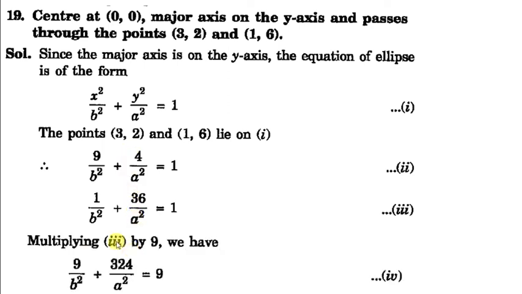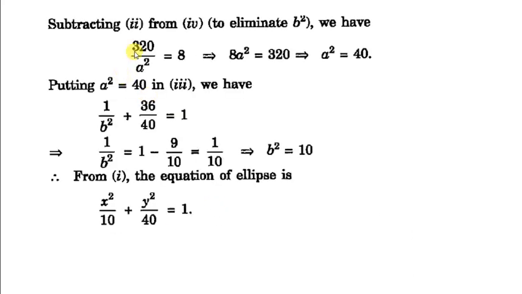So multiplying the second equation by 9 and subtracting it from the third, we get 320 by a square equal to 8. Then from here we can find a square equal to 40, and put the value of a square in any of the two equations, second or third.